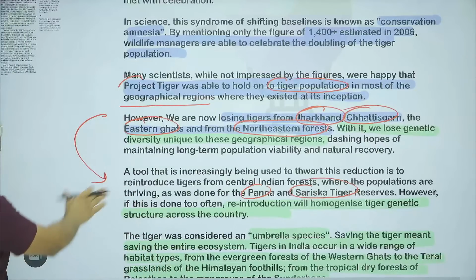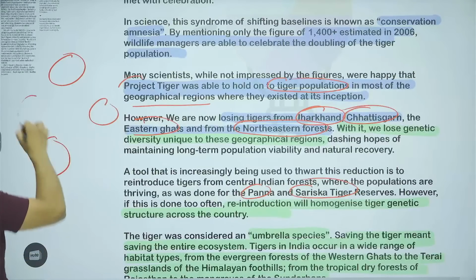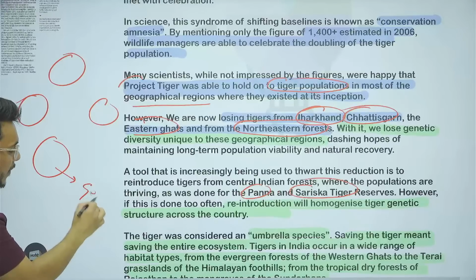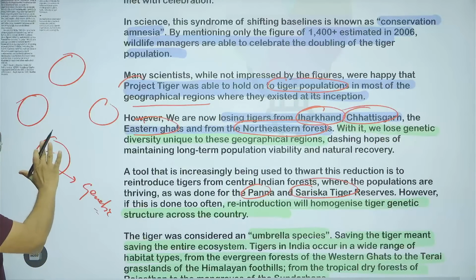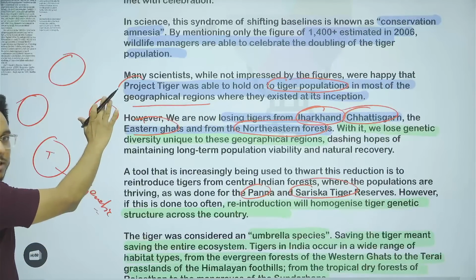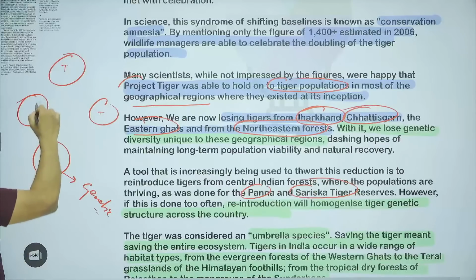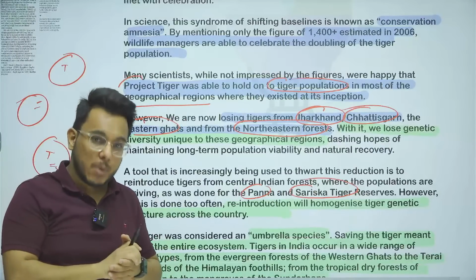Because guys, understand this, when we talk about the tiger population in different regions, they have a different genetic makeup. There will be genetic diversity. Here the tiger population will have different genetic diversity, here the tigers will have different genetic diversity. They will have a different gene pool, and different gene pools give different types of immunities to the tiger population.